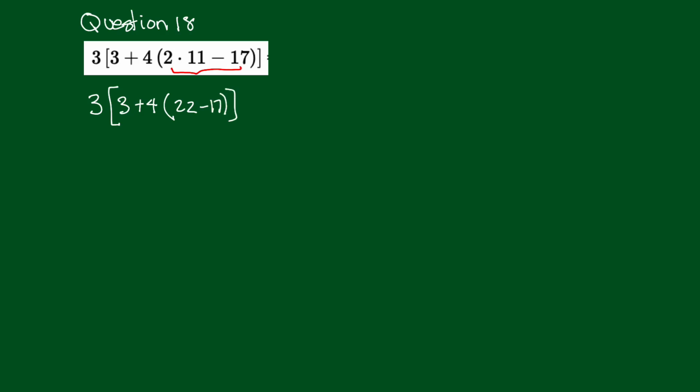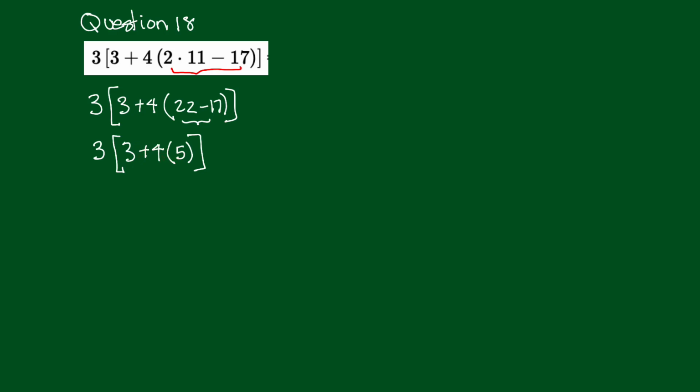Close and close. Now we can still do something in here. I've got a subtraction. So rewrite 3 bracket 3 plus 4. Now 22 minus 17 is a 5. Close, close. Now, what have we got here? We've got a grouping symbol, and inside it we have an addition and a multiplication.